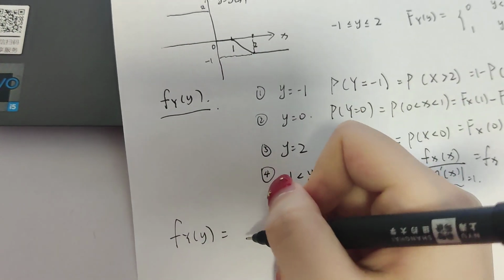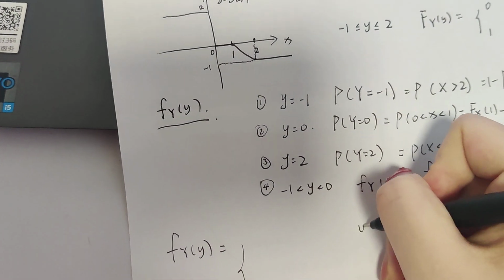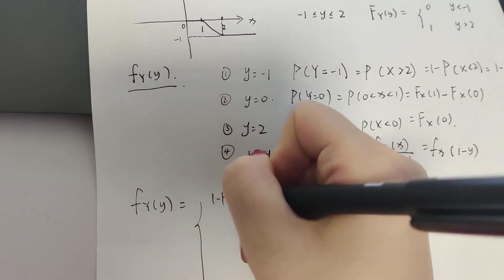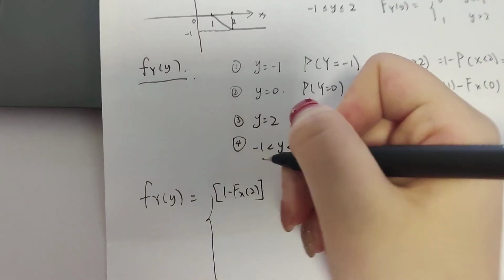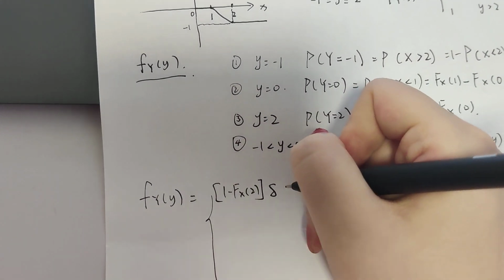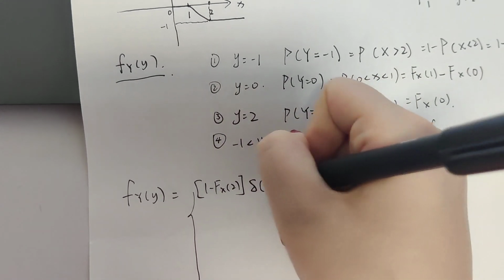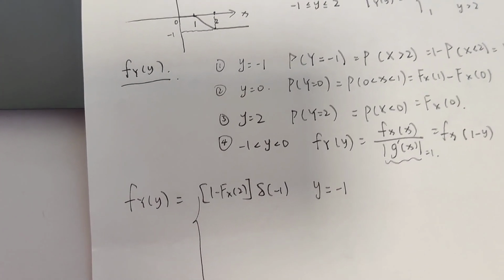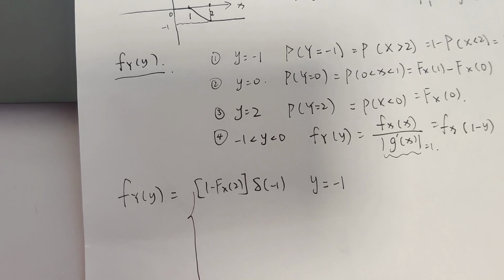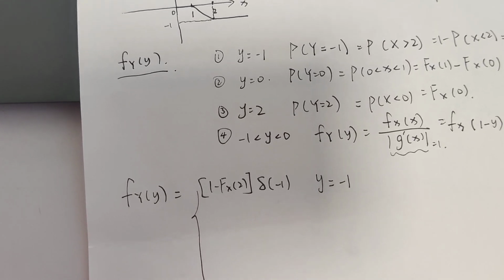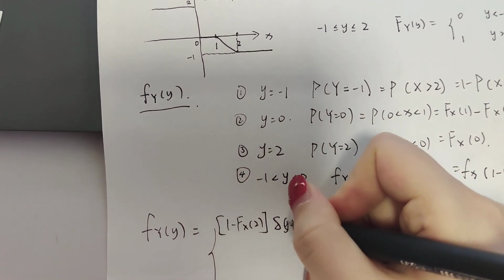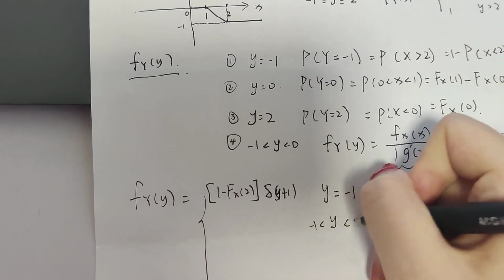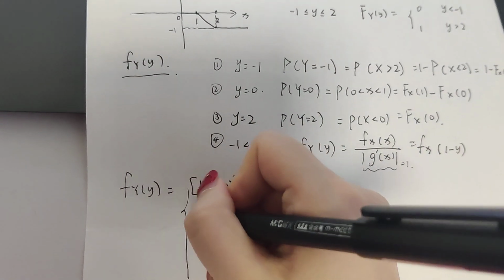f_Y(y) for y equals minus 1 equals this probability, and we multiply an impulse function. And when y is from minus 1 to 0, the density is f_X(1 minus y).